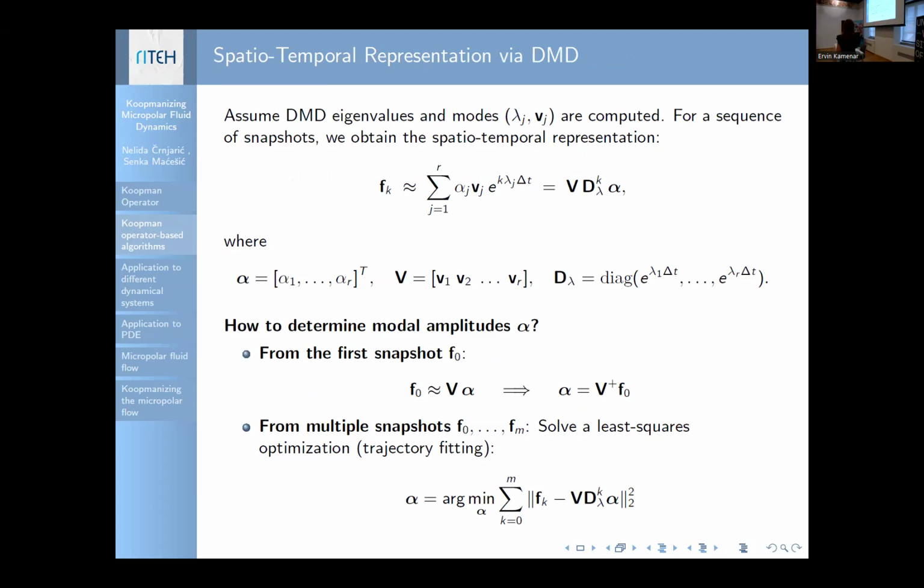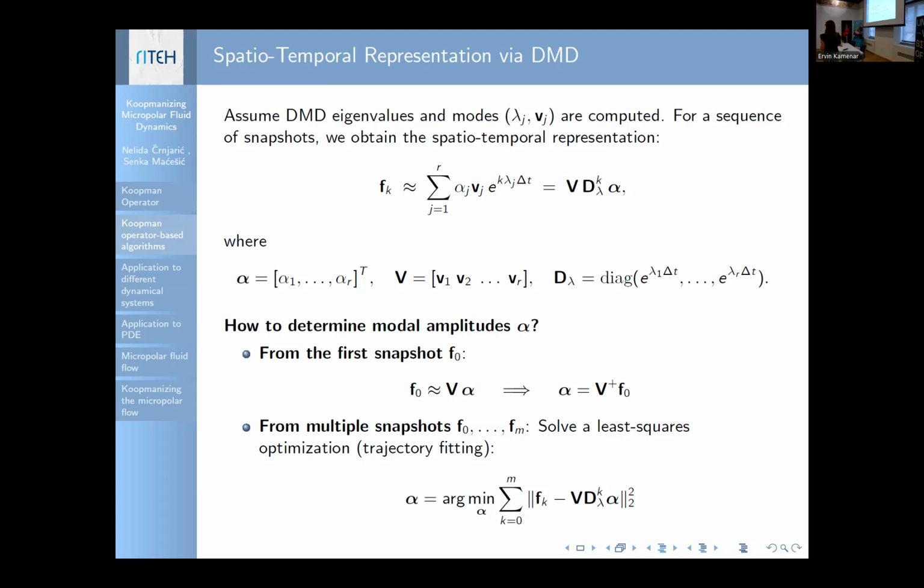So what we obtain from these Ritz pairs, for all snapshots from the matrix X, is a spatial-temporal representation of the following form. If we have V and lambda_j, then f_k, the k-th column of X, is expressed in the following way. But from the algorithm, we do not obtain the alphas directly.